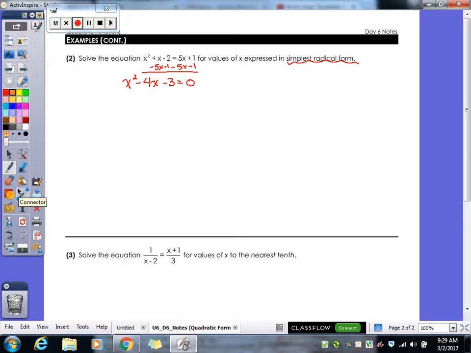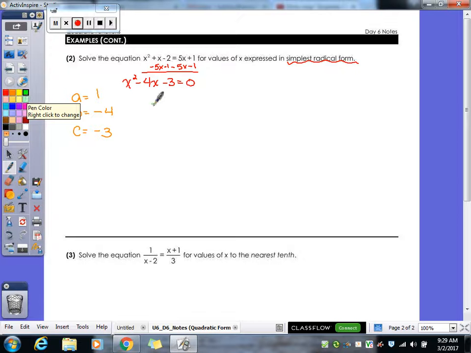We always put it to 0. Always set it equal to 0, yes. So what is our a value? A is a 1, b is a negative 4, and c is negative 3.